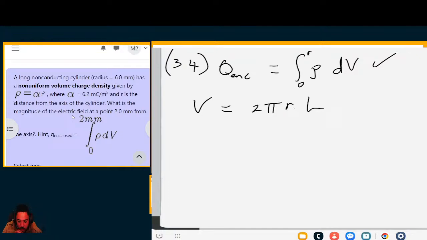And then we still need to multiply by what? The thickness, or the distance, the radius from the center.